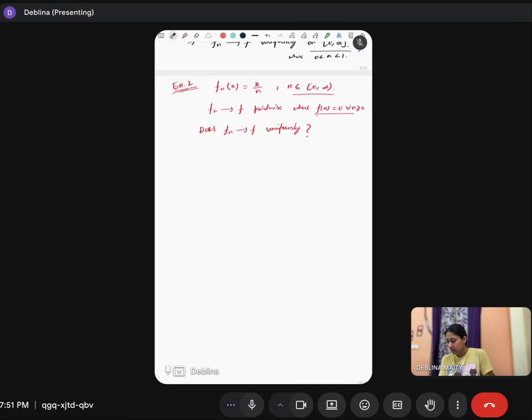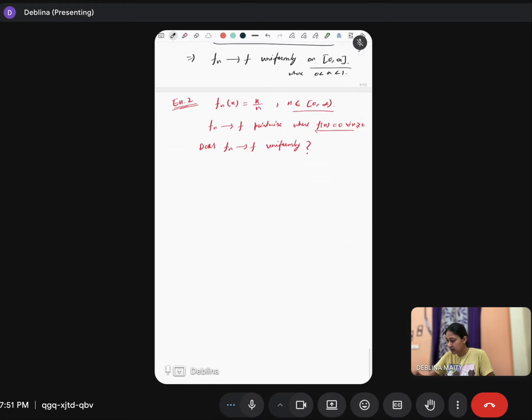So for all x greater or equal to 0, fn(x) minus f(x) is what? This f(x) is 0 and fn(x) is x by n, so it is x by n, right? So we have to choose epsilon greater than 0, right?